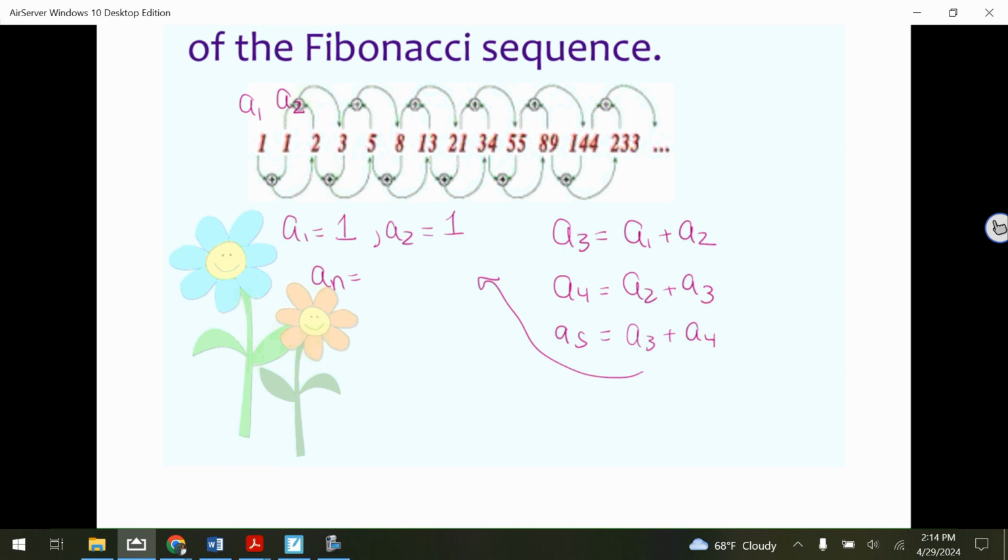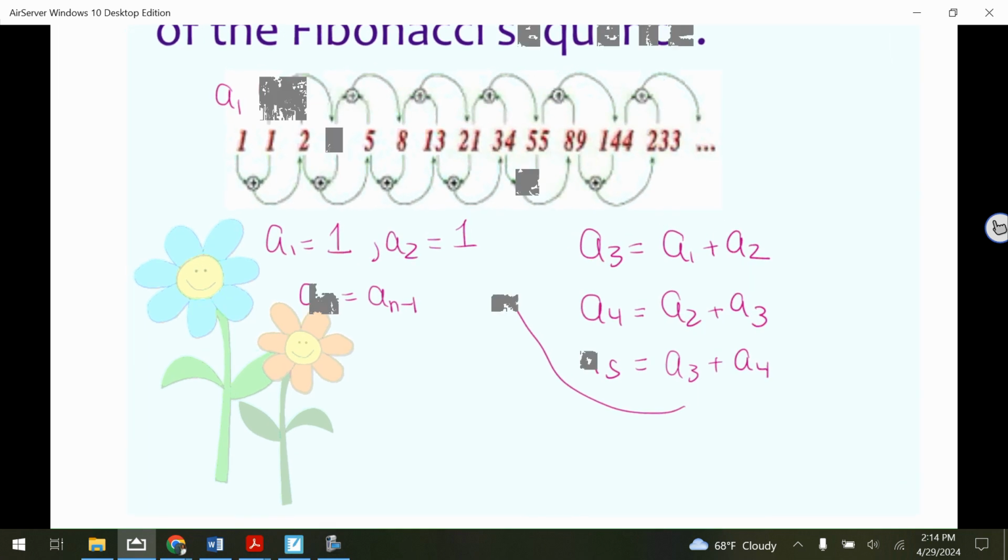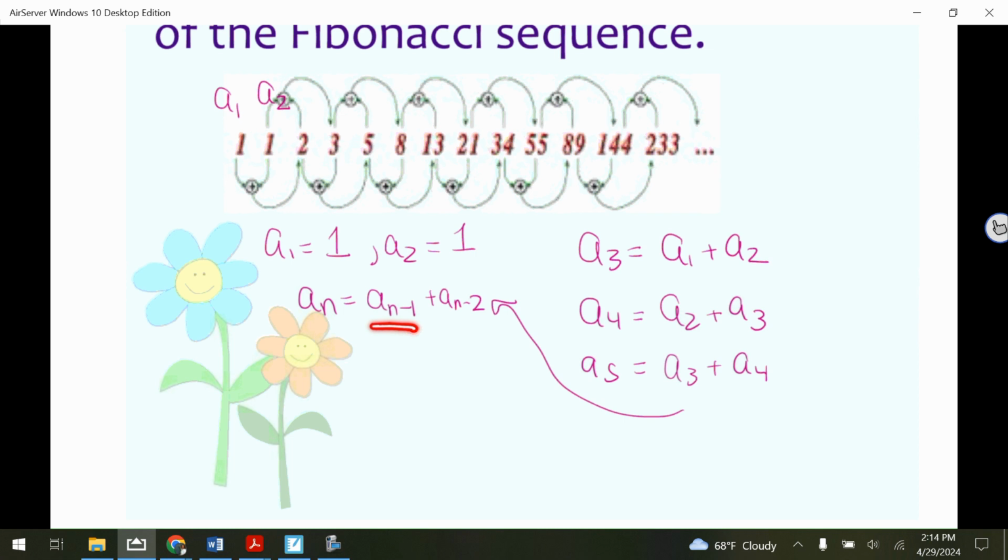The first prior term we can write as A sub n minus 1. And then the second prior term we can write as A sub n minus 2. So this says, basically, to find my nth term, I add the one before it and the one before that. And that's it. That's the recursive definition.